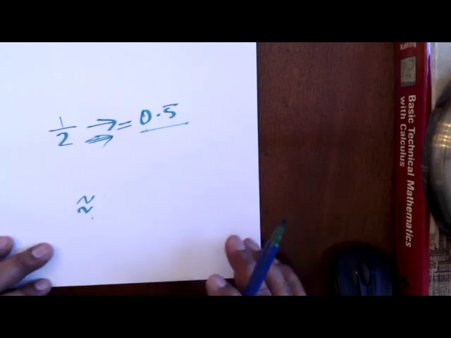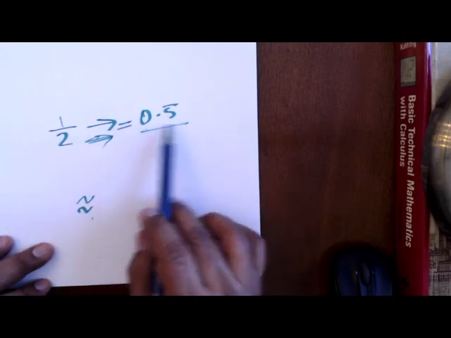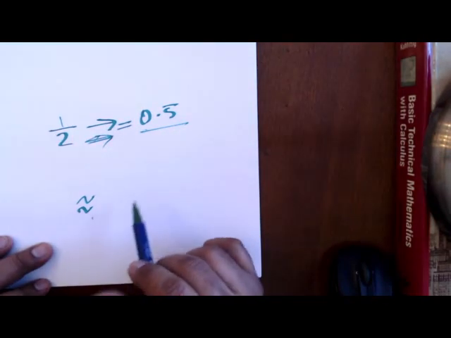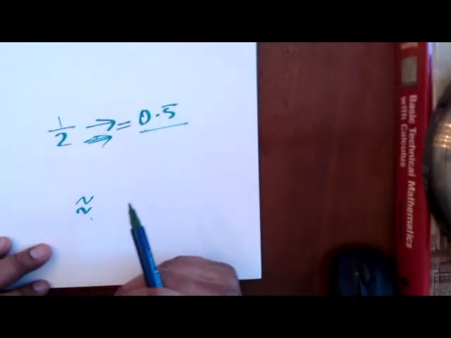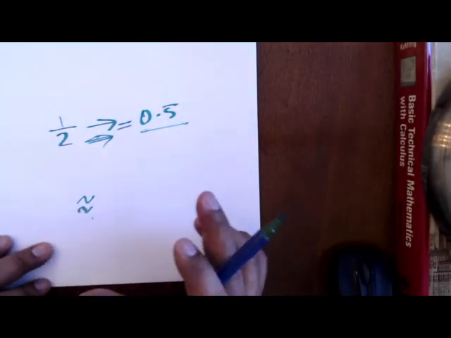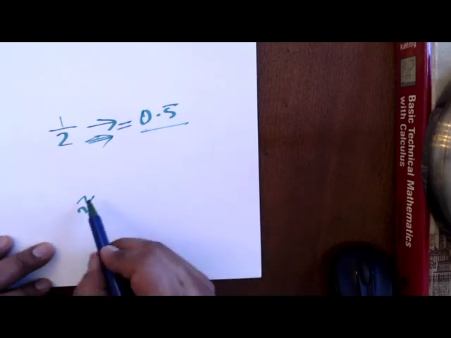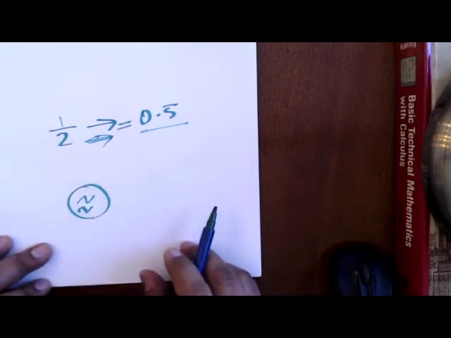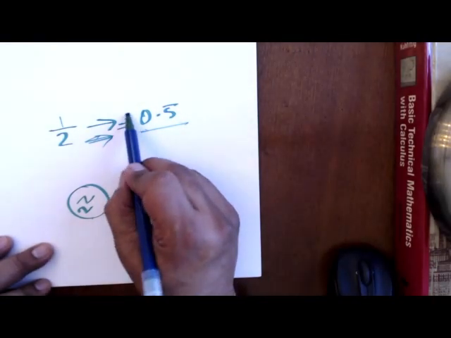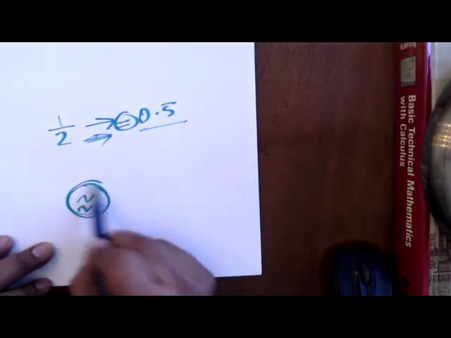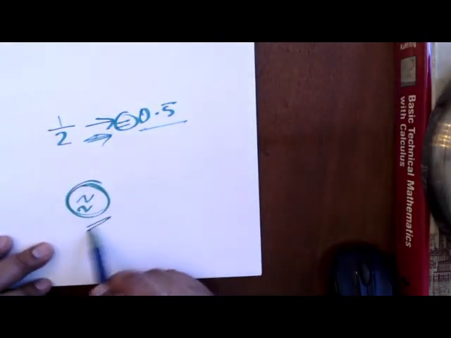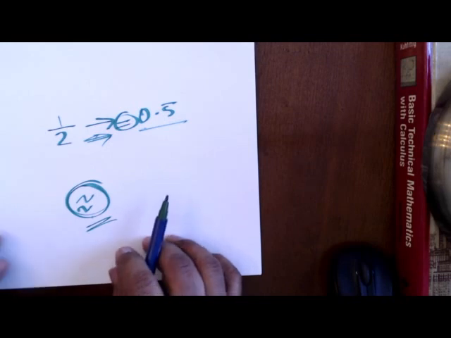Sometimes we write up to 2 decimals, up to 100, maybe up to 1,000 and so forth. We don't put all the numbers, and we have to use this kind of symbol to show when the quantity is exactly equal or it's an approximation. So this is basically an approximation.